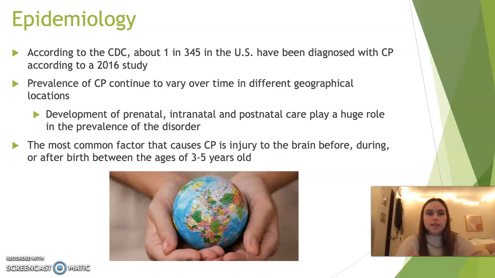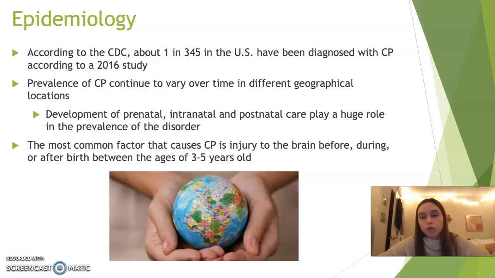Next is epidemiology. According to the CDC, in a 2016 study, about 1 in 345 people in the U.S. have been diagnosed with CP. The prevalence of CP continues to vary over time in different geographical locations, and that depends on several things, such as development of prenatal, intranatal, and postnatal care.